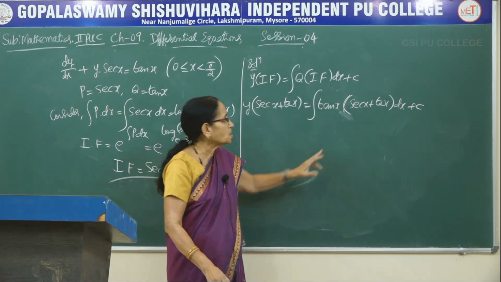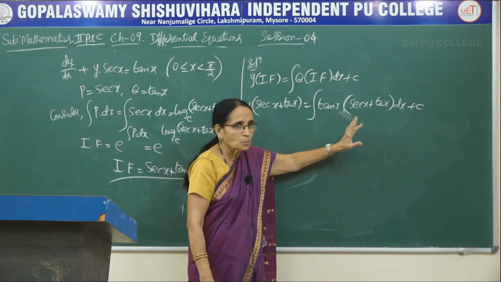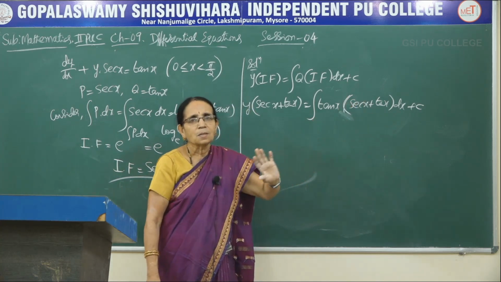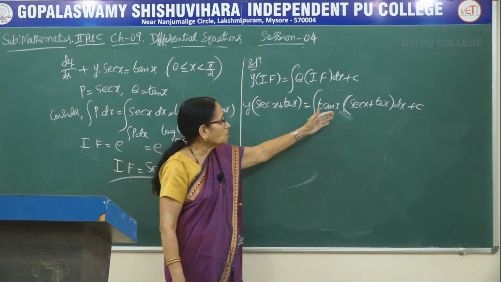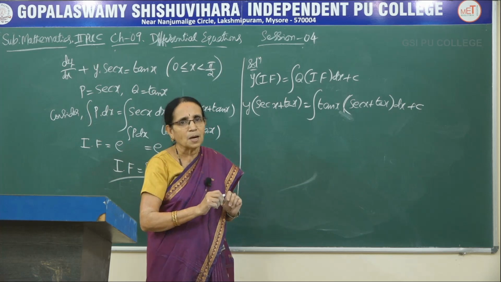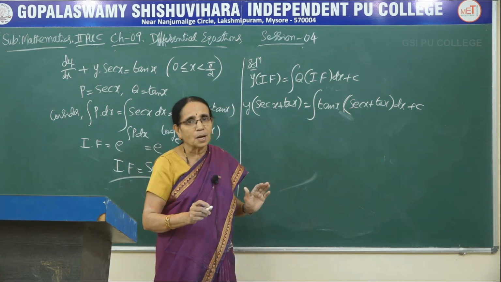Afterwards, they forget to multiply. Both the terms have to be multiplied by tan x. They multiply only one term. The other one they keep as it is. Naturally, the whole problem goes off. So be careful. Or sometimes you may have a negative number. In that case also, make it a habit to write inside the bracket. When more than one term is there, then you have to write inside the bracket.